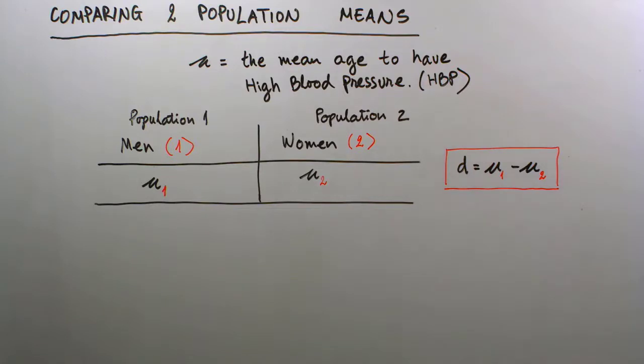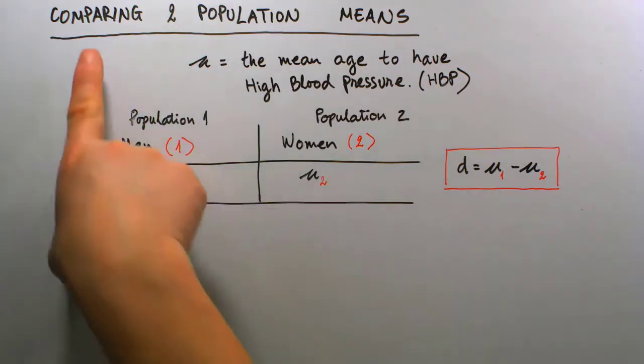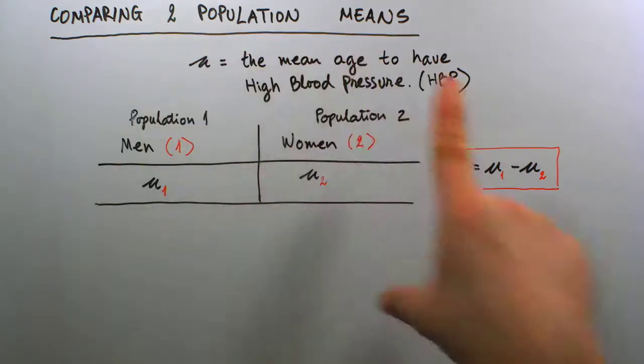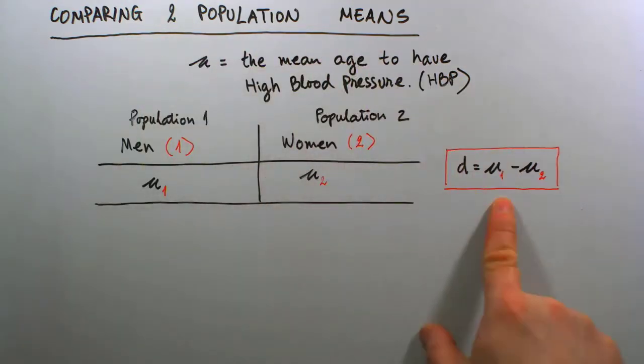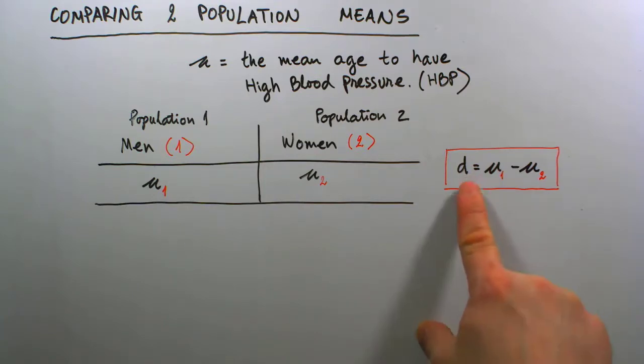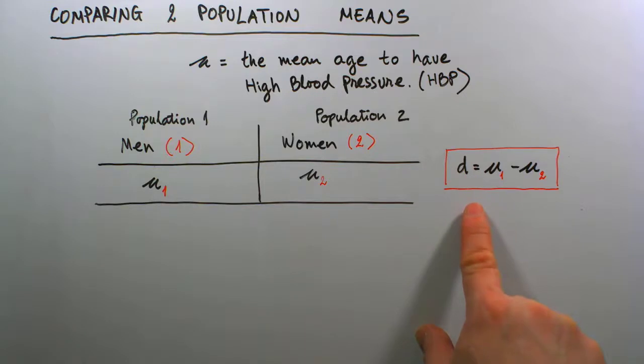All right, now that we have understood what it means to compare two population means, we compare them by simply looking at the difference between the two population means to see whether it's a positive difference, a negative difference, or a zero difference.